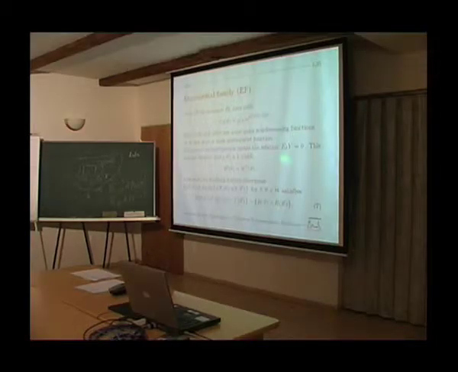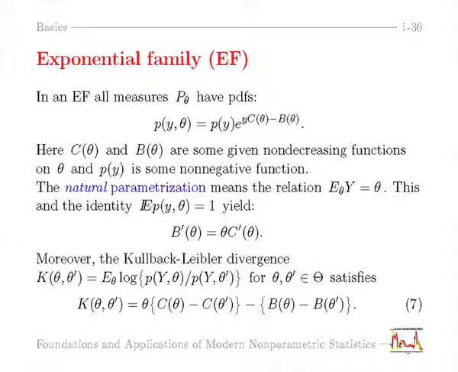And if you look at this property, you can immediately understand why the maximum likelihood is the mean value. Because for one particular observation, the mean is exactly theta. Therefore, if you have n independent observation, it's very natural to take the mean value, and again you will have this property. Okay?